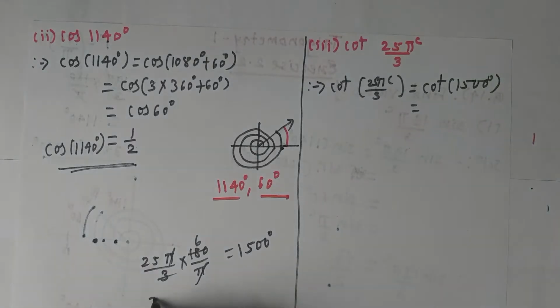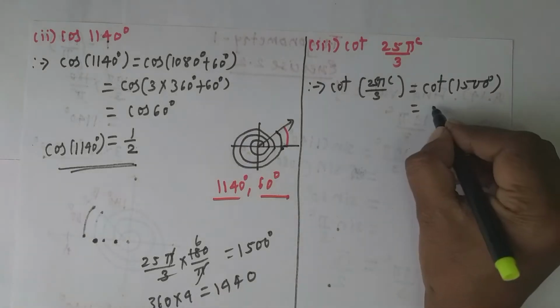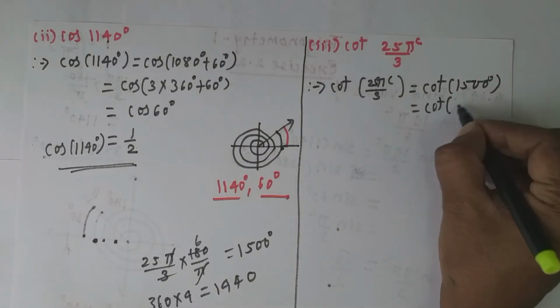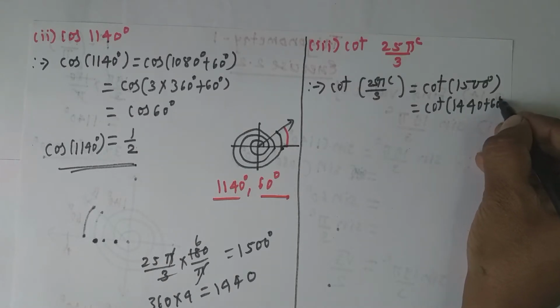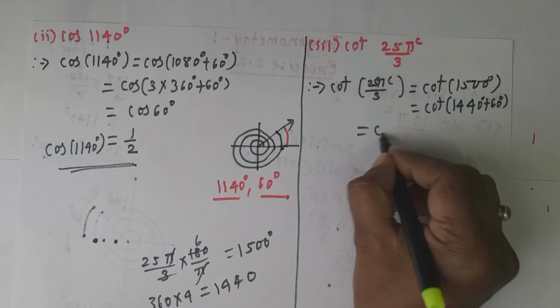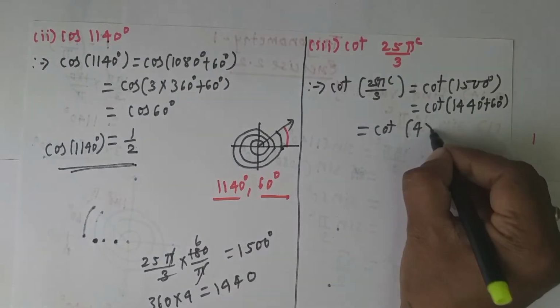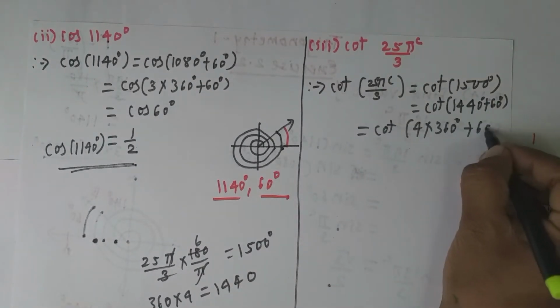Now we know that 360 into 4 is 1440, so this can be written as 1440 plus 60 degrees. And this is nothing but 4 times 360 degrees plus 60 degrees.